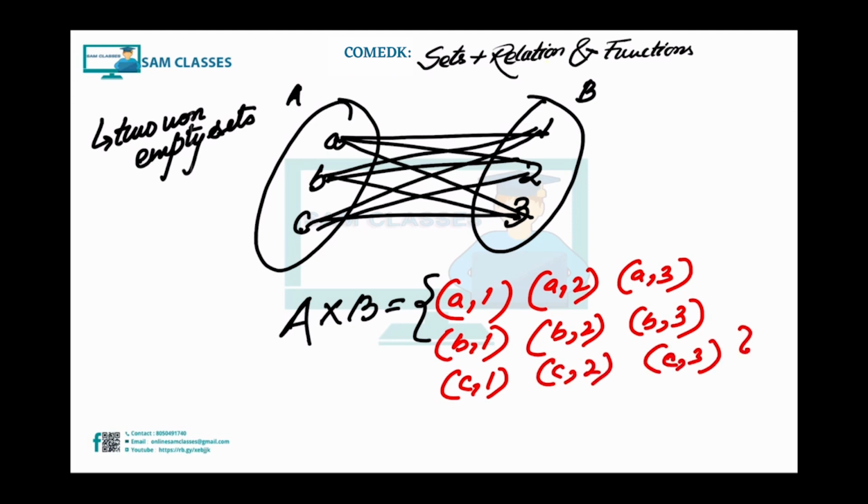This is known as the Cartesian product A cross B, students.